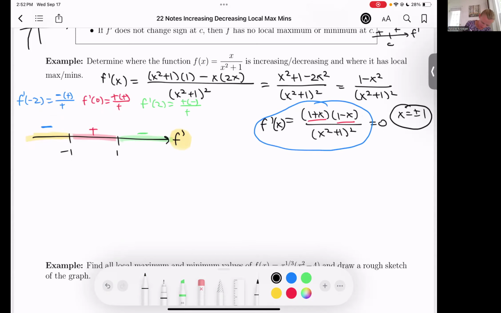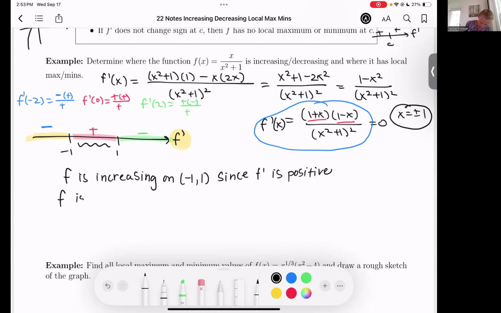Okay, so what this means is that f is increasing on the interval from -1 to 1 because that's where the derivative is positive, since f prime is positive, and f is decreasing on -infinity to -1 and 1 to infinity, since f prime is negative.